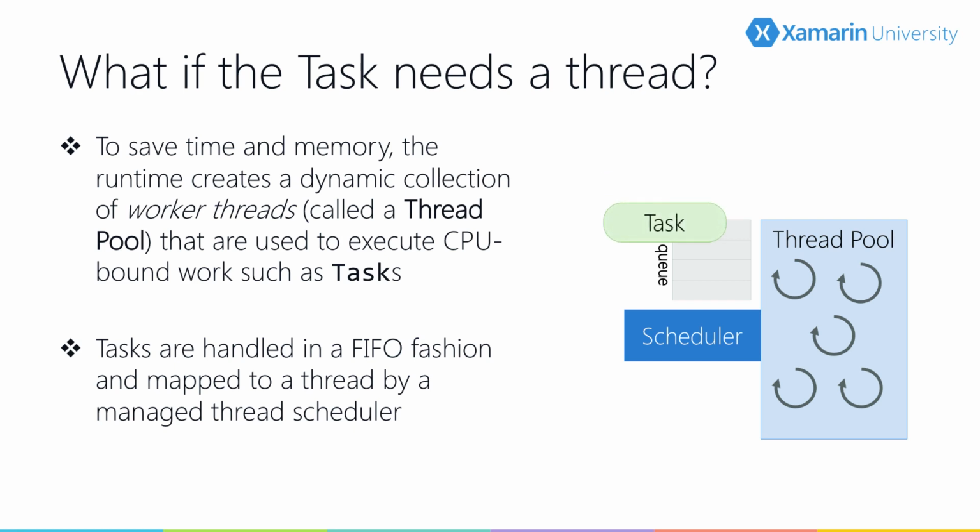So here's how it works. We create a task and pass it over to the scheduler. The scheduler will check whether there is a thread available. If absolutely necessary, it may create a new one, but otherwise it will pull a thread from the so-called thread pool. It will execute the task delegate, and when it's finished, the thread will return to the thread pool, ready to execute the next assigned unit of work.